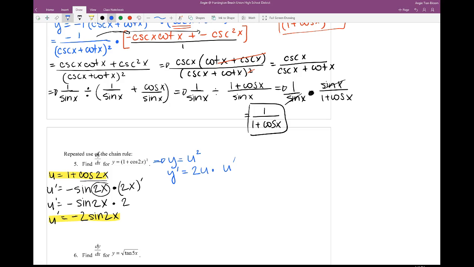And no, u prime is not 1. I want you to understand that. Repeat after me: u prime is not 1, okay? So from here, we're going to substitute in what u was. And u was 1 plus cosine of 2x. U prime was negative 2 sine of 2x.